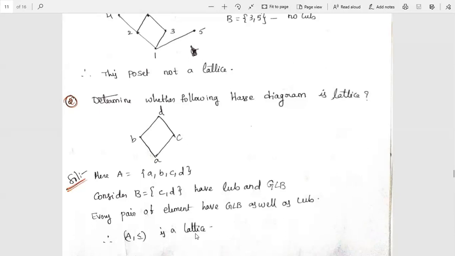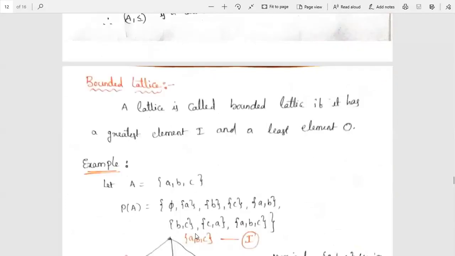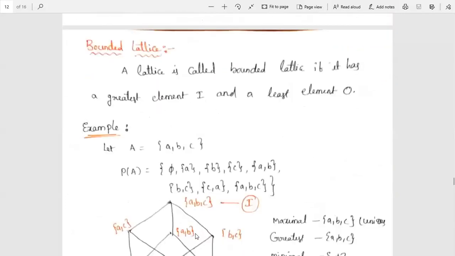So next definition, bounded lattice. A lattice L is called a bounded lattice if it has a greatest element, represented by I, and a least element, represented by 0.